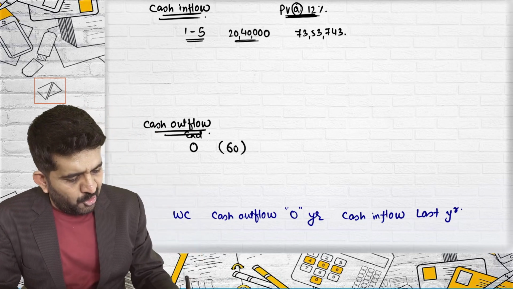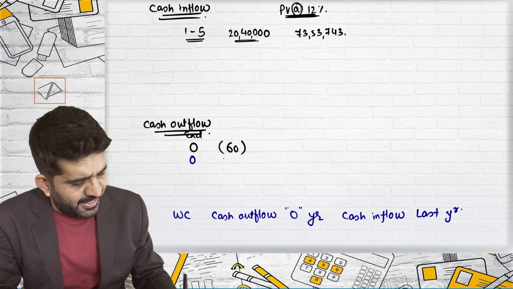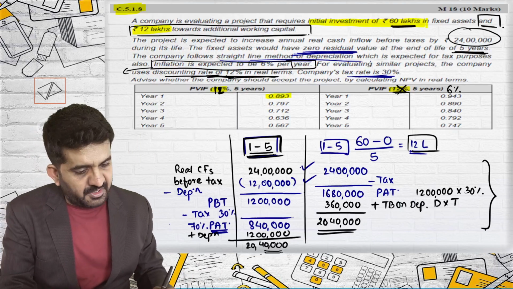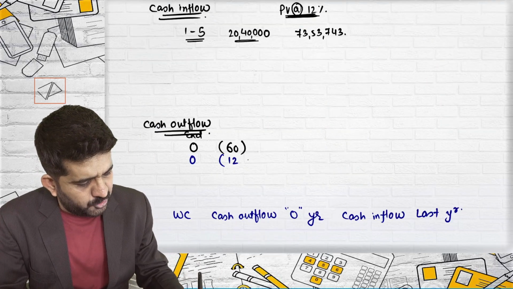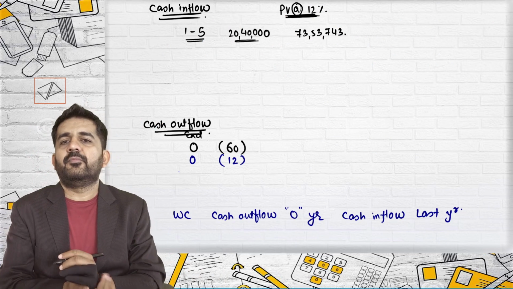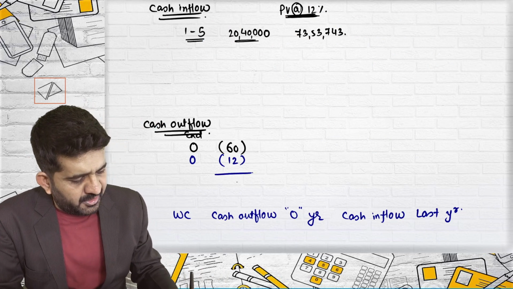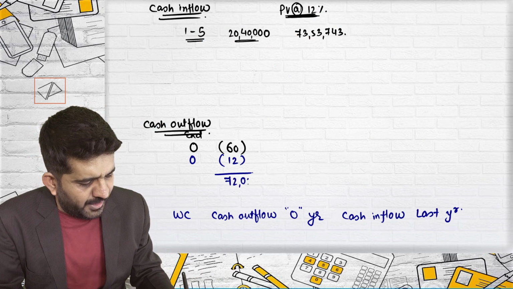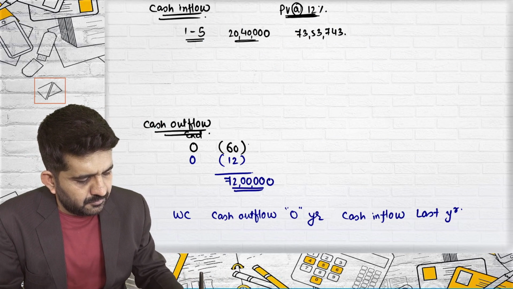So along with the 60 lakhs at the end of 0 year, there will be working capital outflow of 12 lakhs also. So total cash outflow is 72 lakhs. Both are in lakhs.